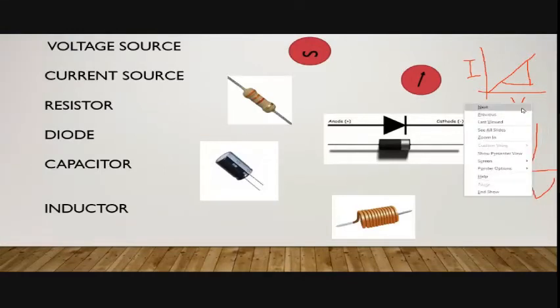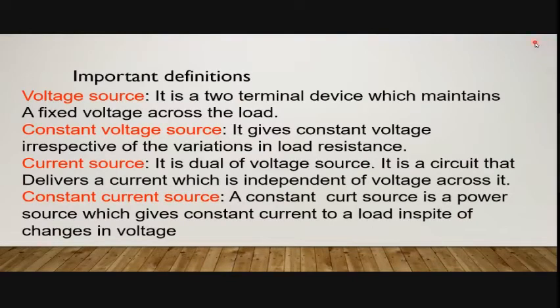Okay. So now let us see what are the important definitions. These are usually asked for 2 marks. Voltage source. What is a voltage source? It is a two-terminal device which maintains a fixed voltage across the load. So whatever is the load, the voltage must always be fixed.